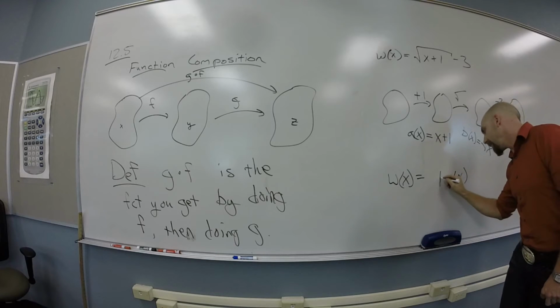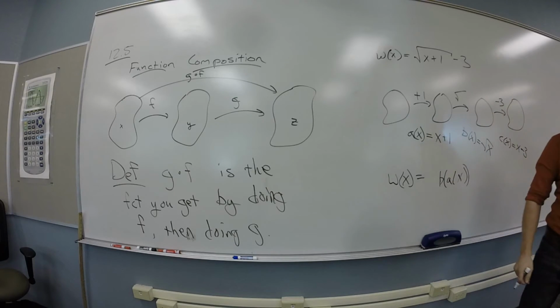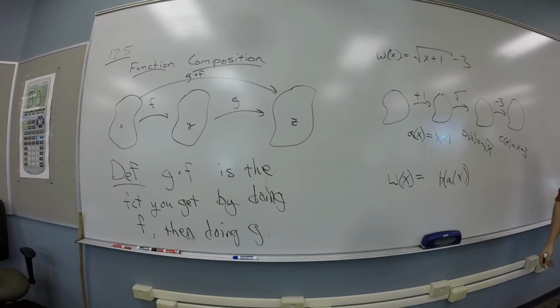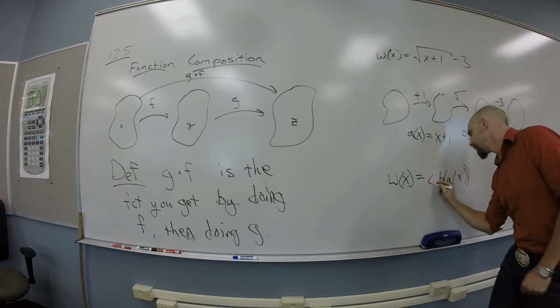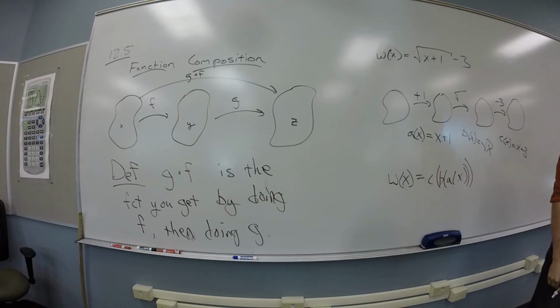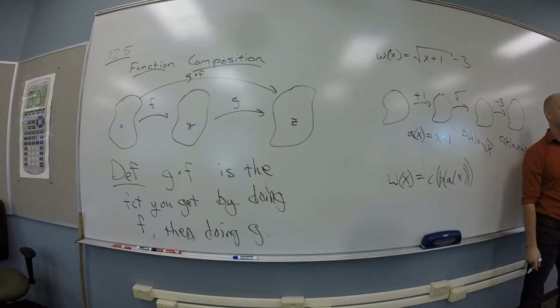B to that whole thing. And then C to the whole thing. And this is awkward notation, right? You guys see that? The reason I really wanted to introduce my new symbol was so that I didn't have to do all this parenthesis business.